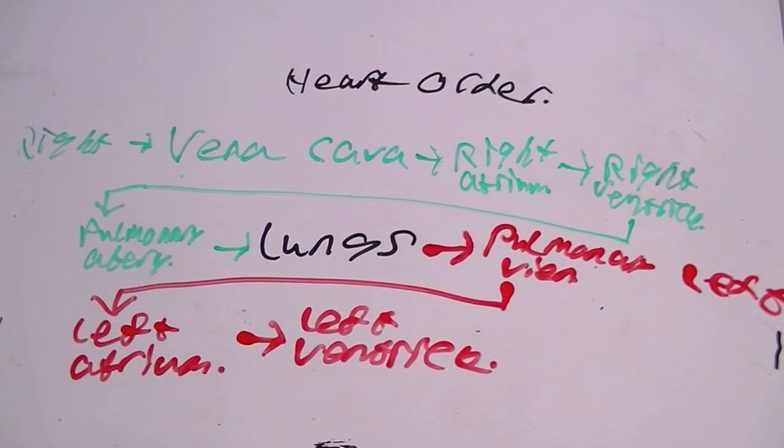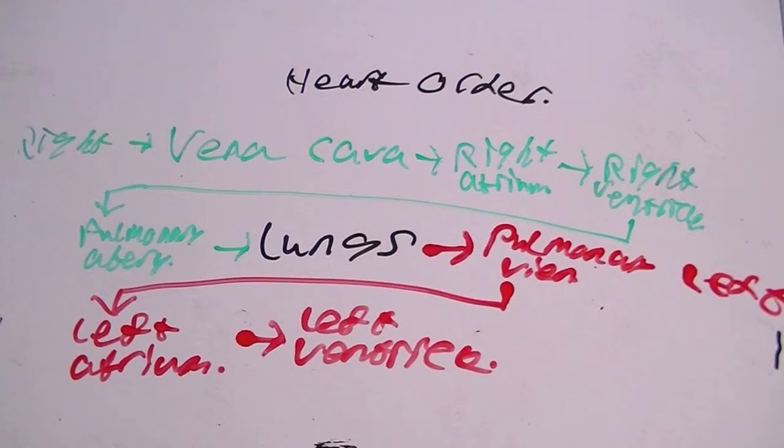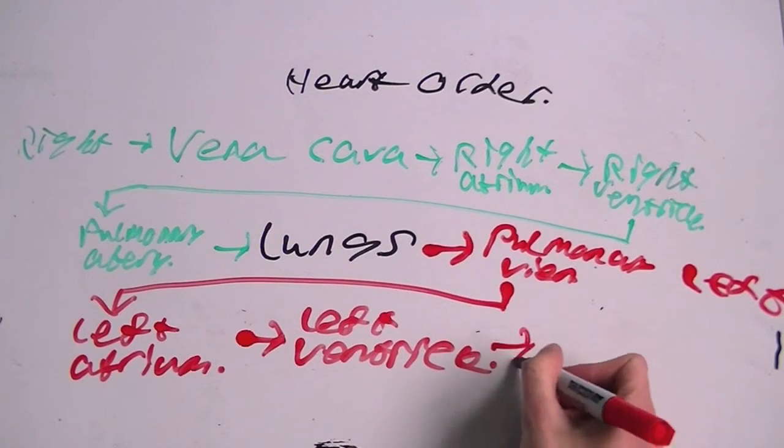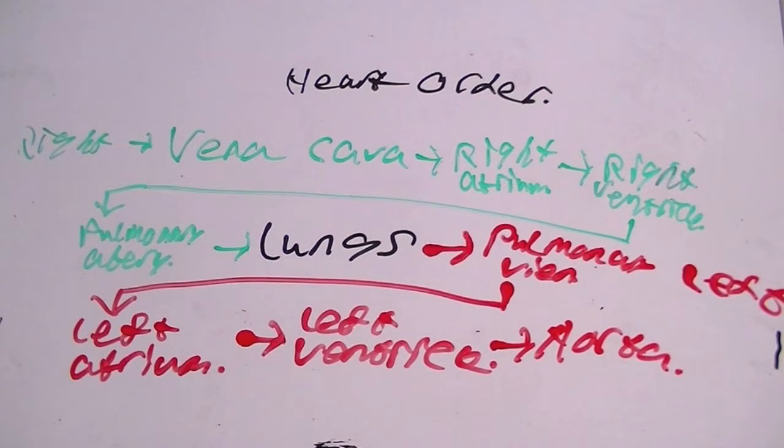Now after it's in the left ventricle, it will need to contract a lot, because it's about to push blood all the way around the body. Okay, so that's the left ventricle's function with its contraction. It will contract and push it through the aorta. And the aorta will carry the blood all the way around the body.